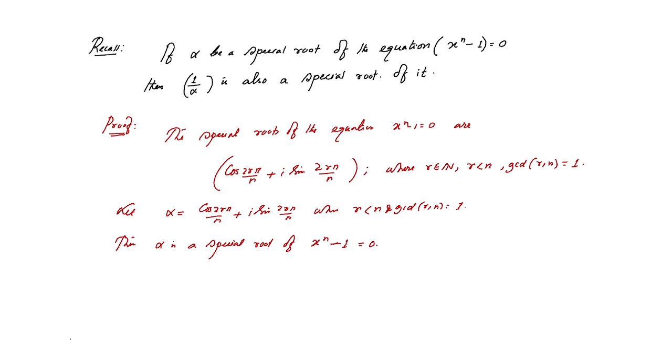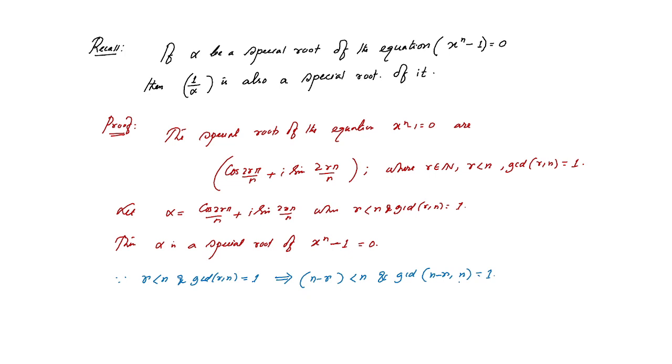Now the important case is here. Since r is less than n and prime to n, and GCD of r and n equals 1, that implies n minus r is also less than n, and GCD of n minus r and n is also 1.